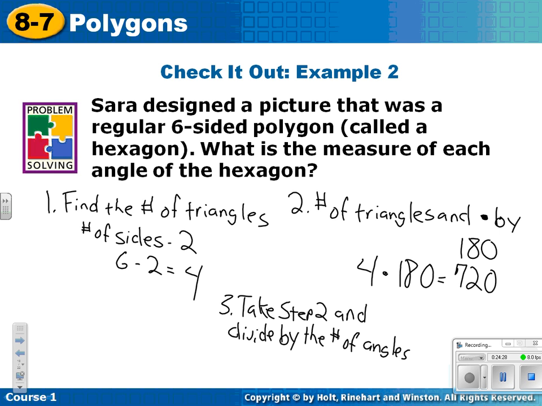So I have 720 divided by 6, which is 120 degrees. There's my answer. The measure of each angle of the hexagon is 120 degrees.